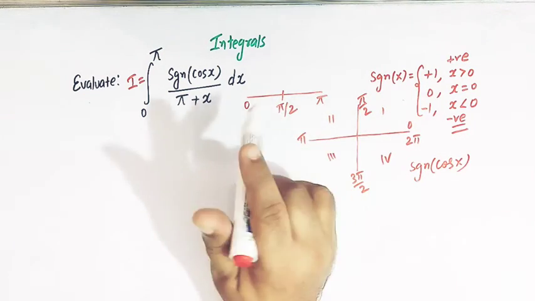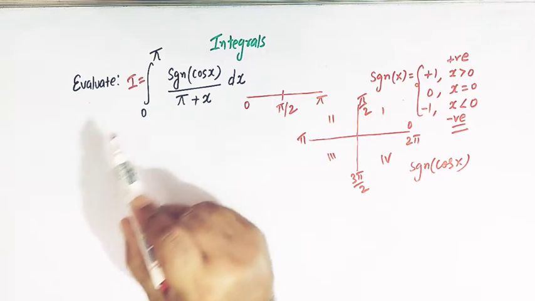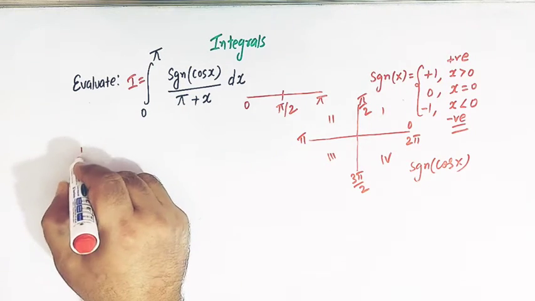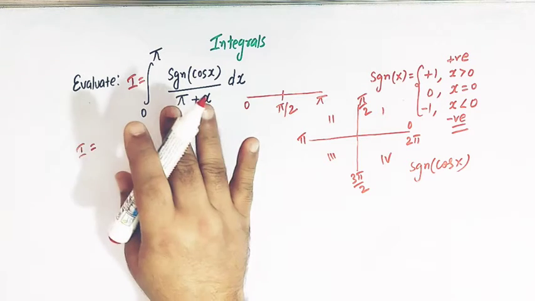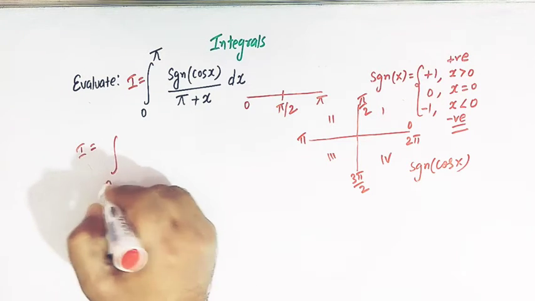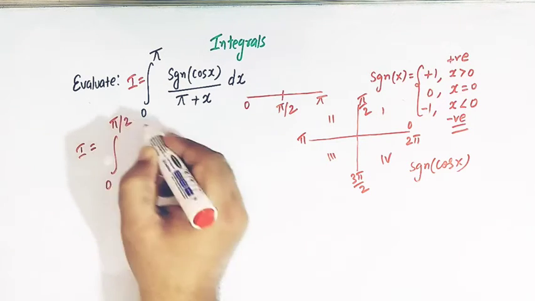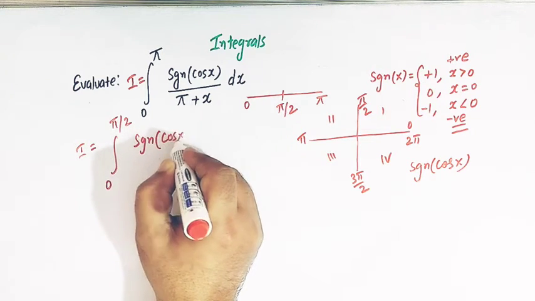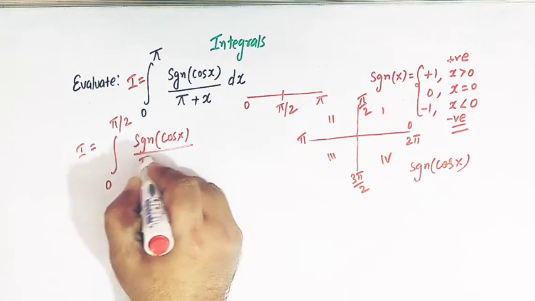Let us concentrate on the limits of integration, from 0 to pi. Let us split this integral as a sum of two integrals. The first one is from 0 to pi by 2, and we'll see why we are splitting it into two parts.